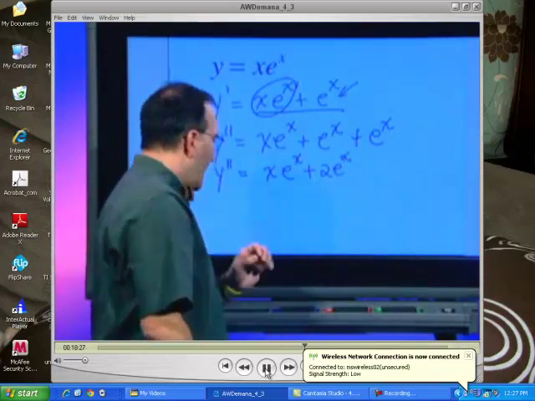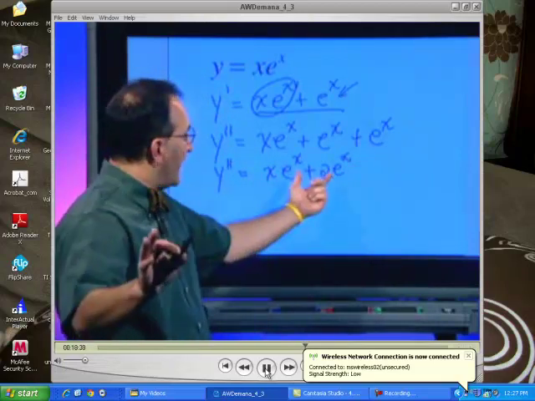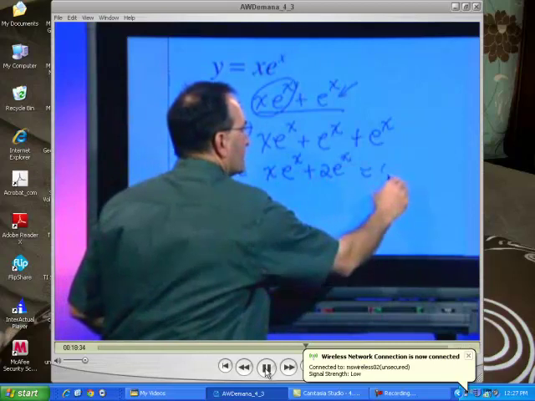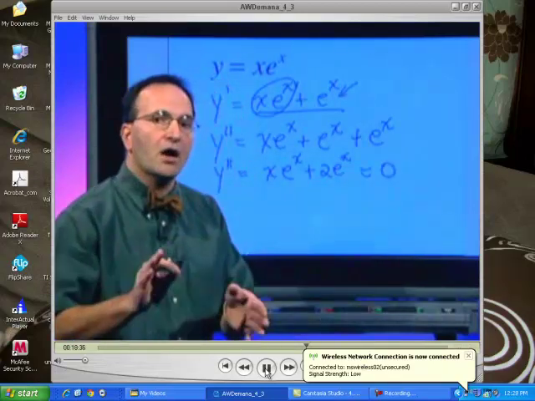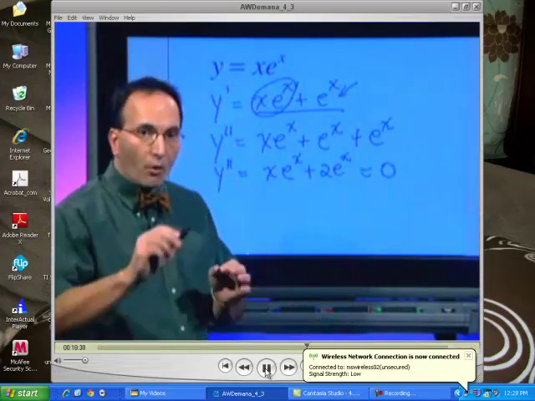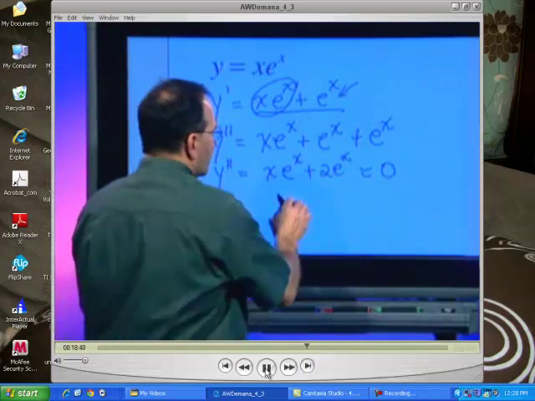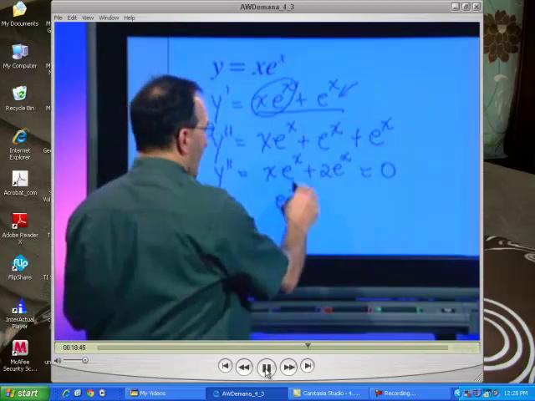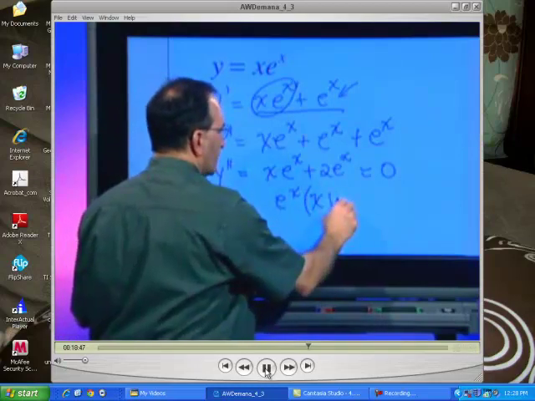And then I can factor out the e to the x. I'm going to set this equal to 0 because what I want to know is what's happening with the point of inflection. And so I have e to the x times x plus 2.